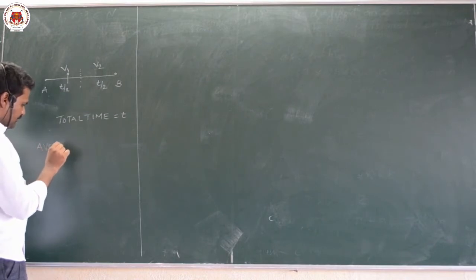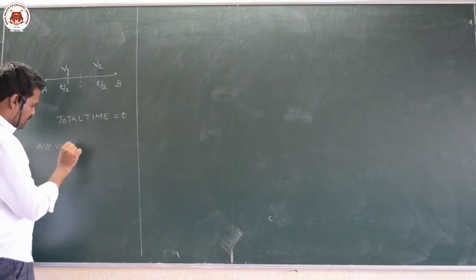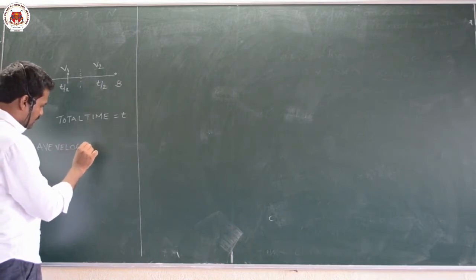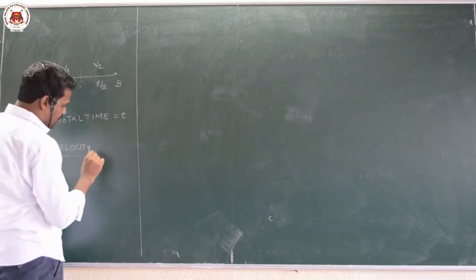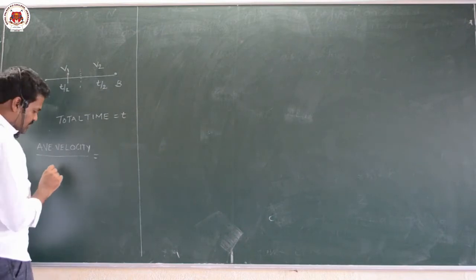Average velocity, you have to remember the basic concept. Average velocity is defined as total displacement by total time.